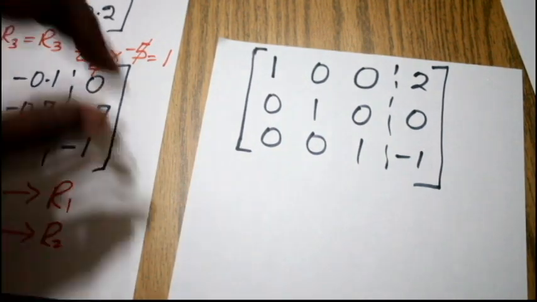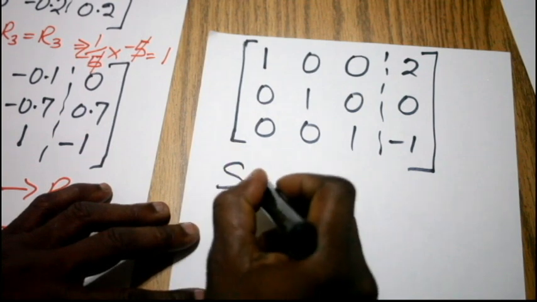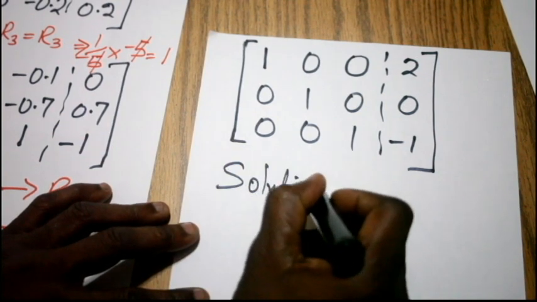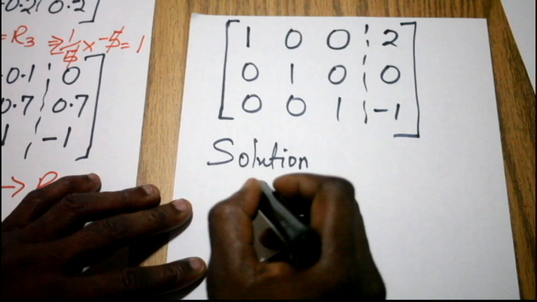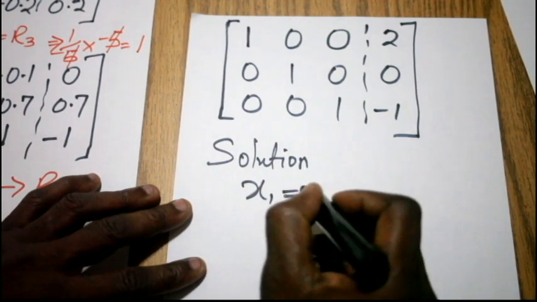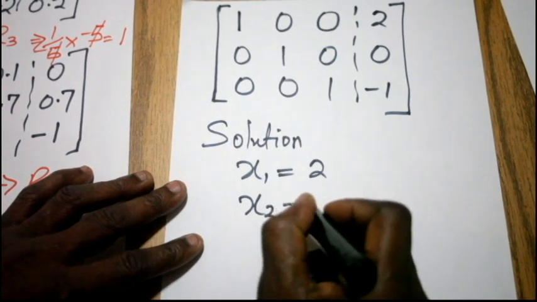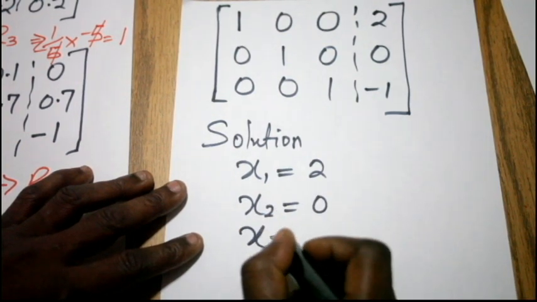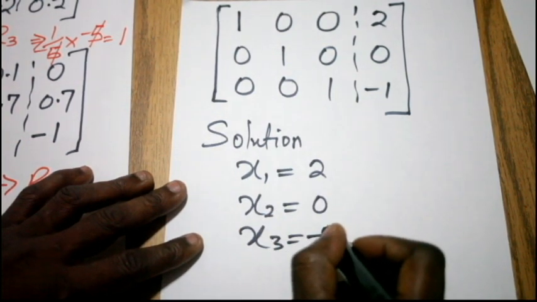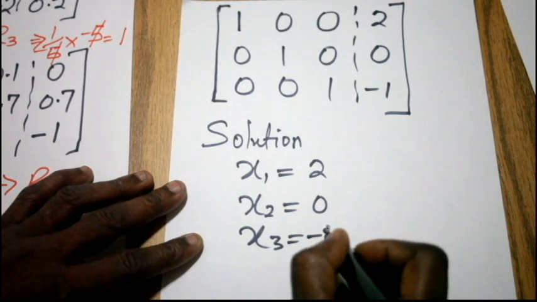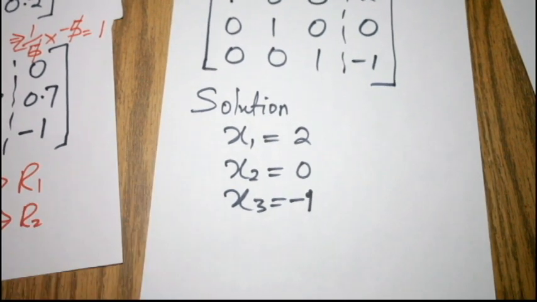So with this, the solution to this system is going to be x1, x2, x2 is 0, and x3 is negative 1 for my final answer.